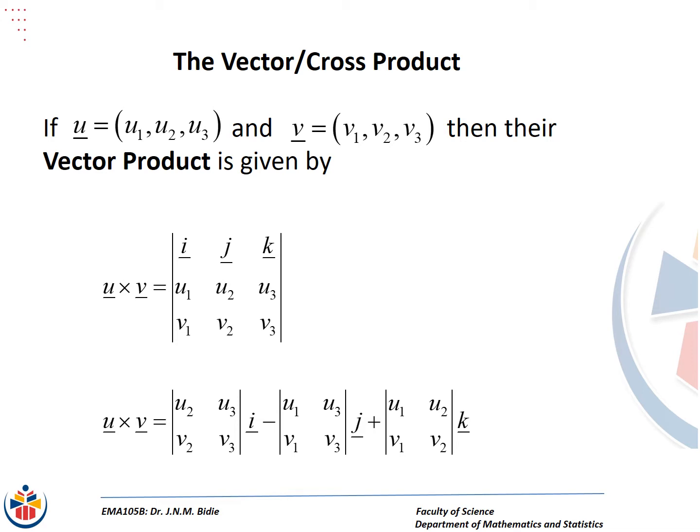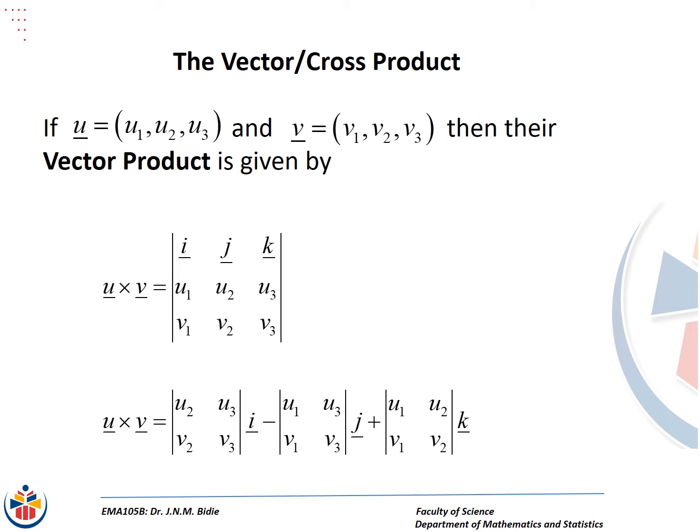where the first row will always be i, j, and k, which are our unit vectors in the directions of x, y, and z, respectively. And then the second row are the components of the first vector, and the third row are the components of the second vector.